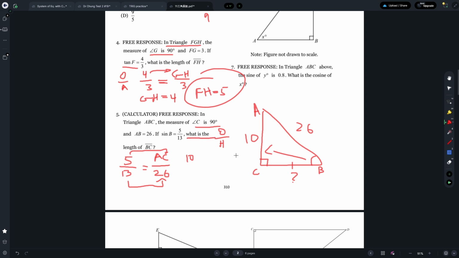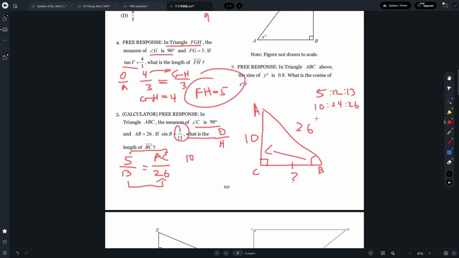So it says, what is the value of BC? How do we know that? We actually discussed before that there was a triple 5, 12, 13, right? And we see that there is 5 and 13 in the sine value, right? However, we don't see that in the triangle. This is because if you multiply all of these numbers by 2, you get 10, 24, and 26.